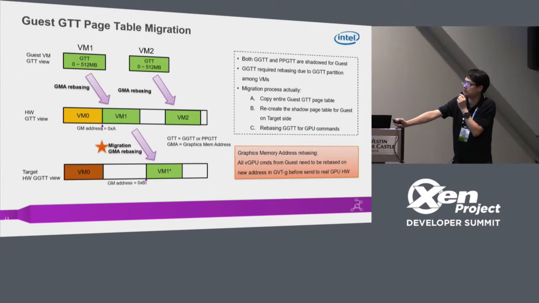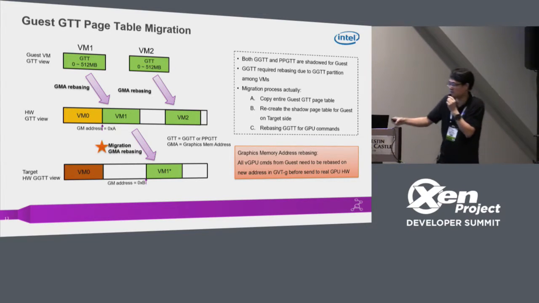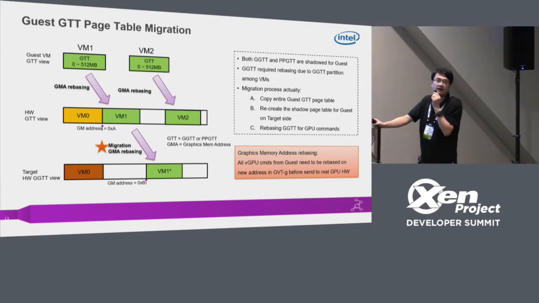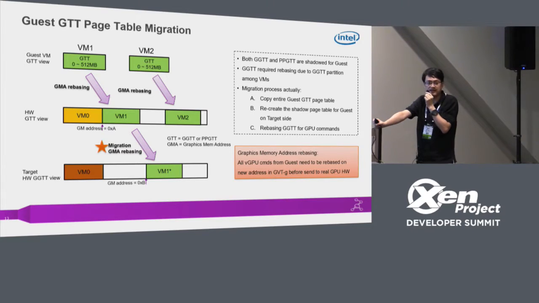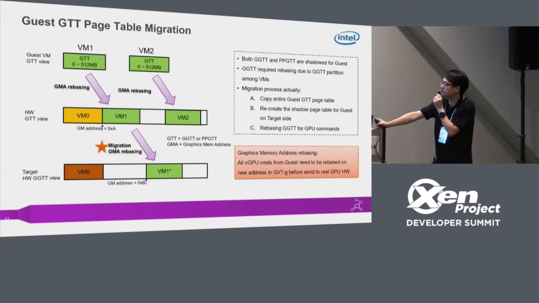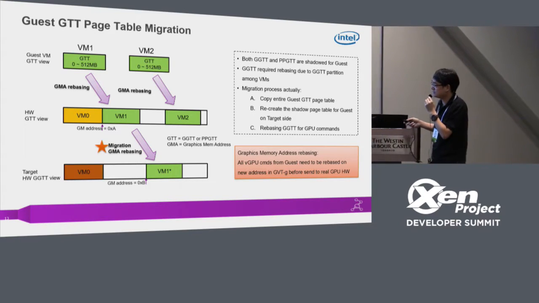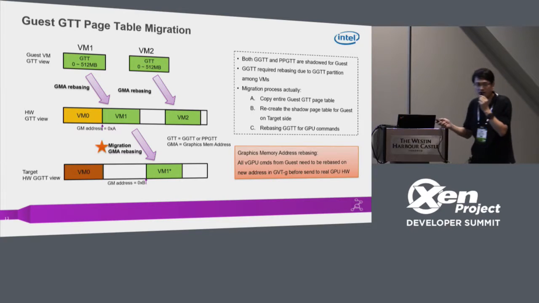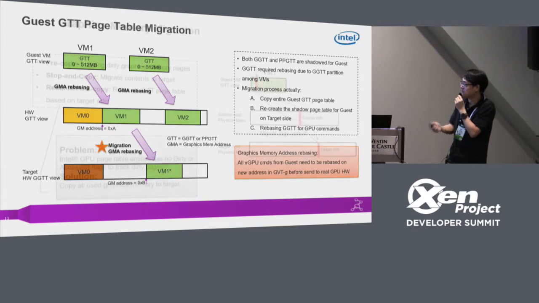We need to modify the address to start from address A. So here comes the migration for the GPU page tables, which we can summarize in three steps. We copy the entire table to the target site, we create the scheduling for the GPU page tables, and then we do the graphic address rebasing. After migration, it is again rebased to a new address, like B. So this is how we handle the graphic page tables migration.